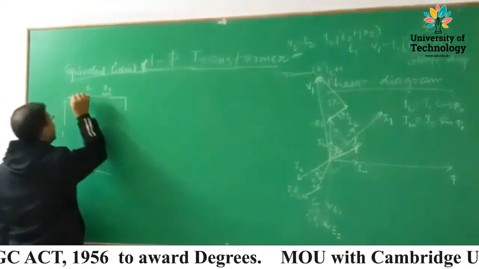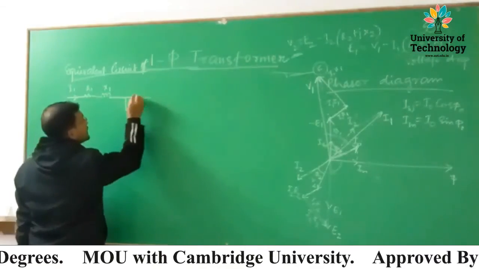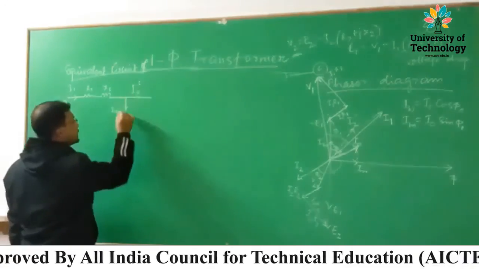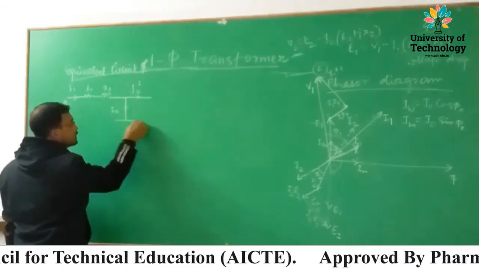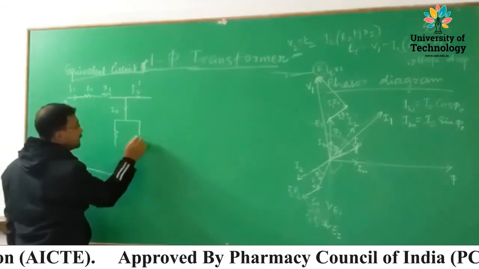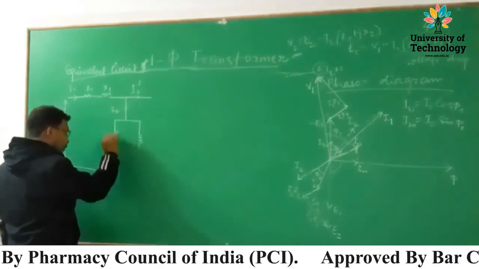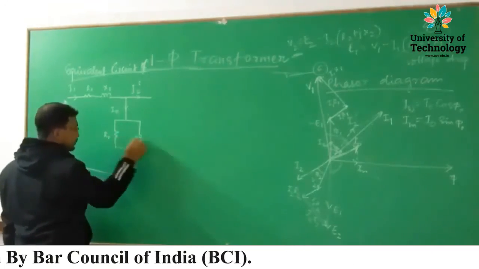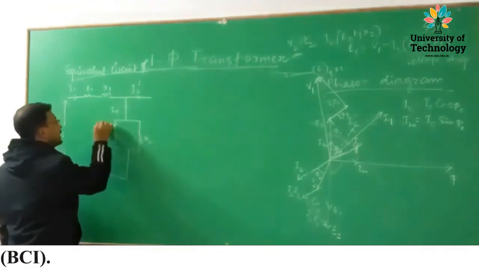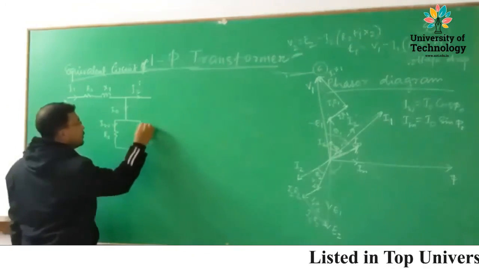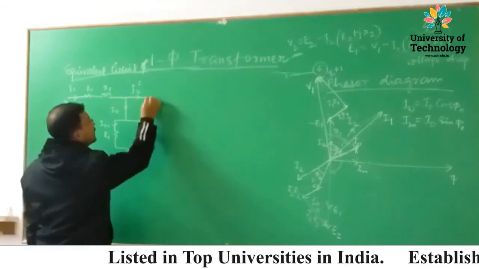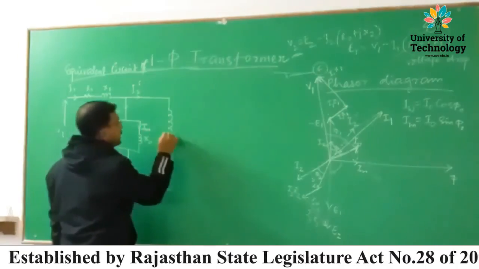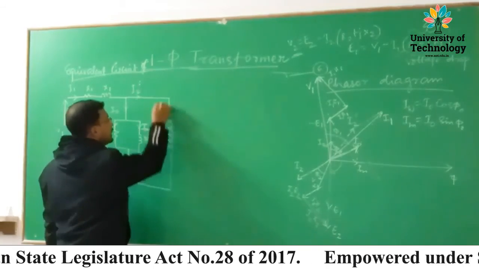Now this current I1 is the phasor sum of two currents, that is I0 and I2 dash. I0 flows in the core side, which has two parallel components, known as the no load components, with values R0 and X0, and the currents flowing through these two are IW and IM. Now this I2 dash flows in the core side and produces EMF E1.